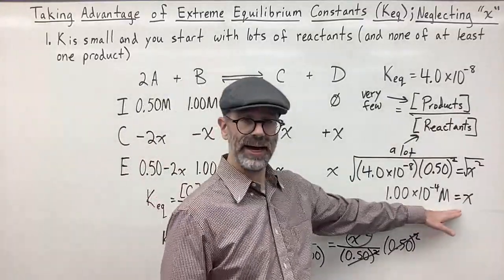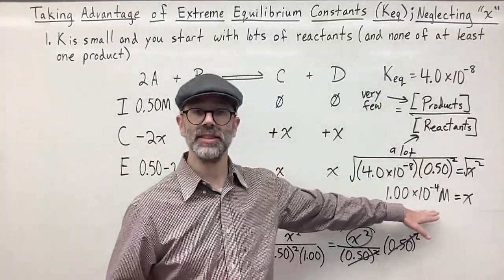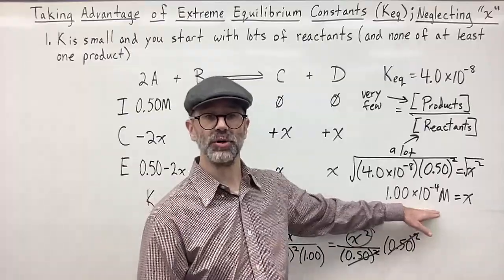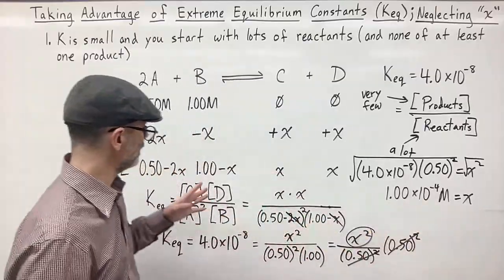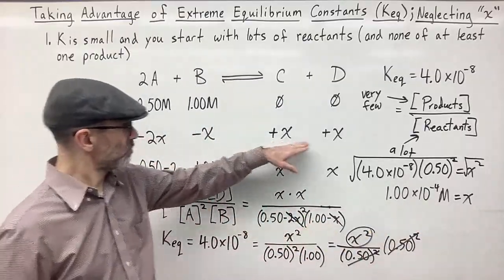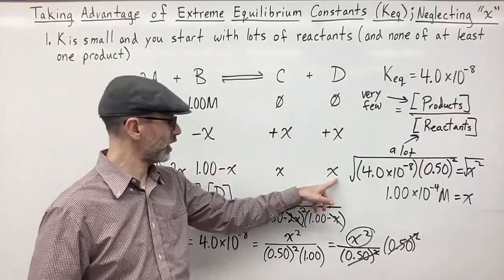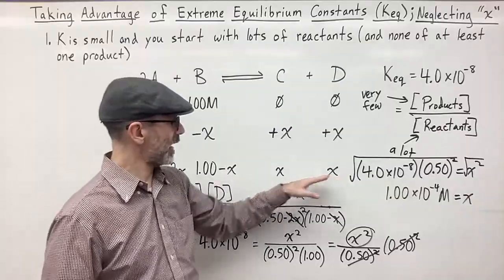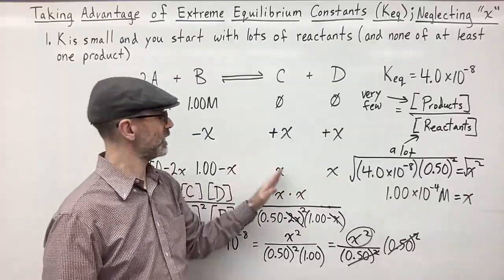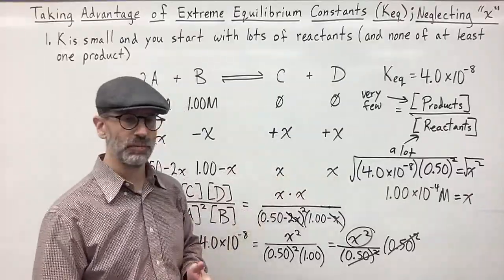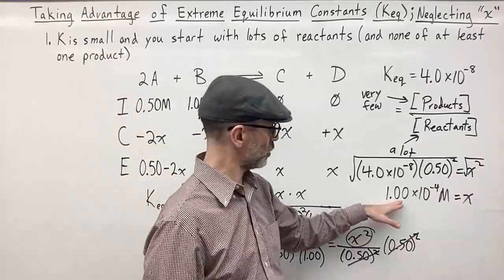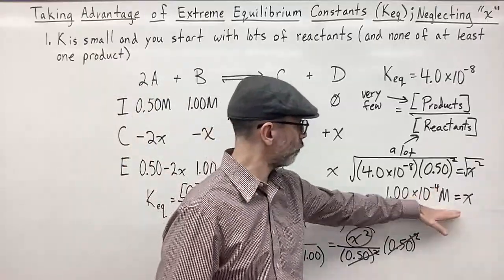So this is x. Basically, this is the change that we were talking about with regard to our ICE table. Here, this is the change x, and we ended up with x concentration. So this means that the concentration of C and D at equilibrium is going to be 1.00 times 10 to the negative 4 molar.